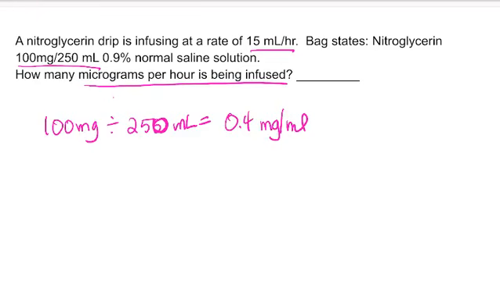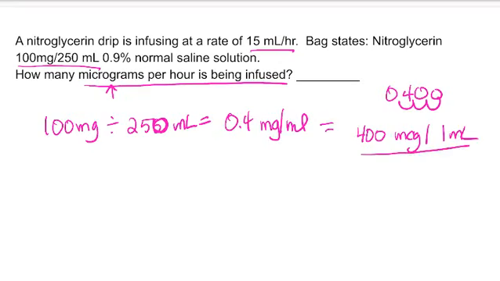And let's see, I want to get to micrograms. So I'm going to take that 0.4 and I'm going to go 1, 2, 3 decimals. That's going to equal 400 micrograms in 1 milliliter. That's my concentration right there.